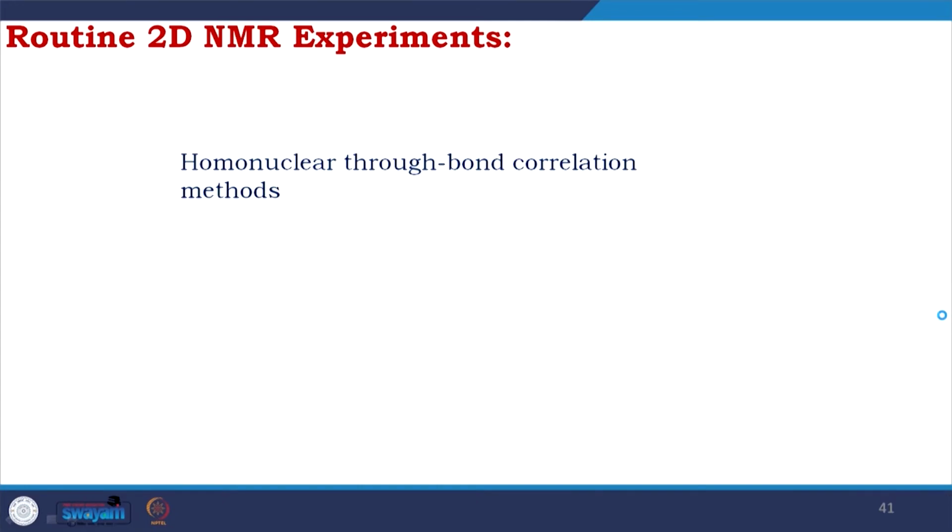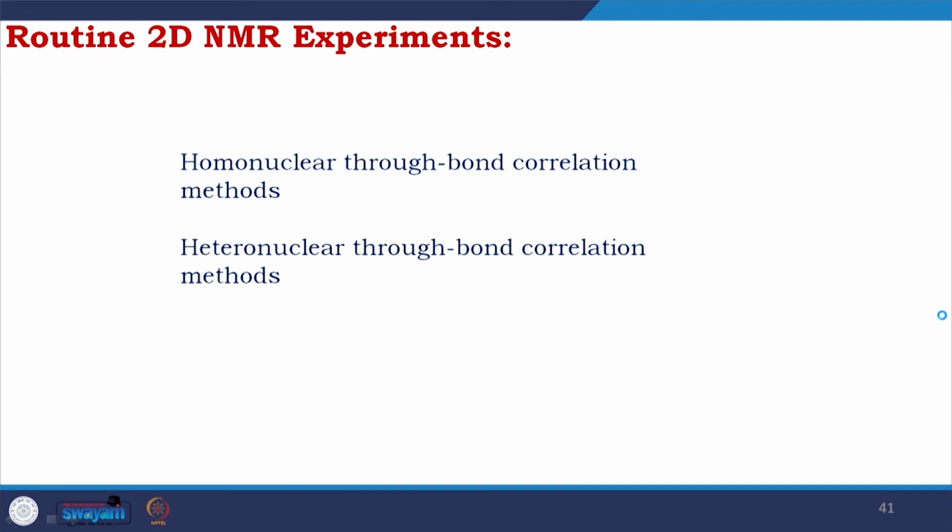Coming to routine 2D NMR experiments, there are majorly 3 types: the homonuclear through bond correlation method, which is, as we have seen, the bonded interactions between one proton and another proton; the heteronuclear through bond correlation method, carbon and hydrogen; and through space methods.